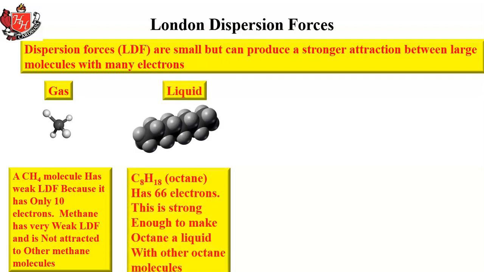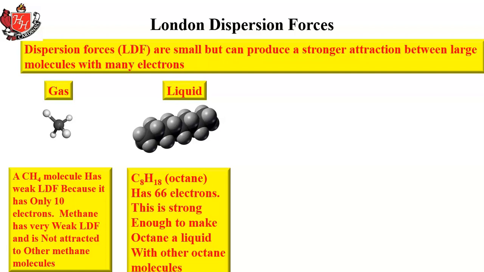Now, if we get a little bit larger hydrocarbon, this is octane, it's C8H18. It has 66 electrons. So when they get to being pushed in one direction, the way I described on the last slide, that can create a fairly strong negative dipole on one side and positive dipole on the other. Again, it's considered a temporary dipole because those electrons could just as easily move over to the other side.